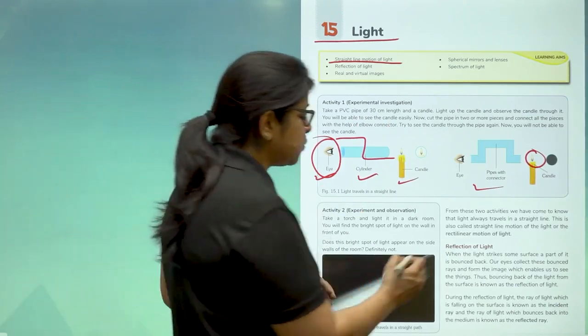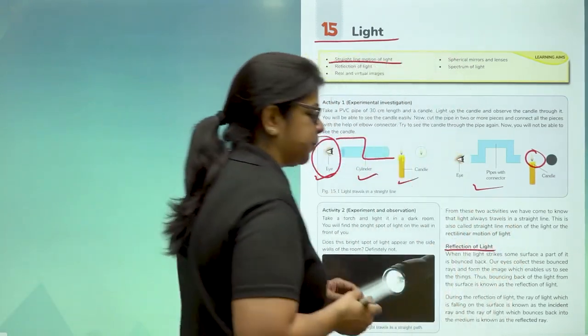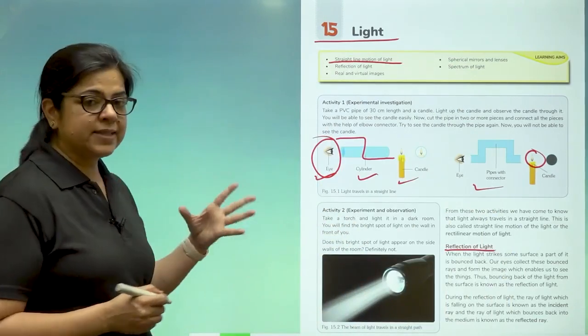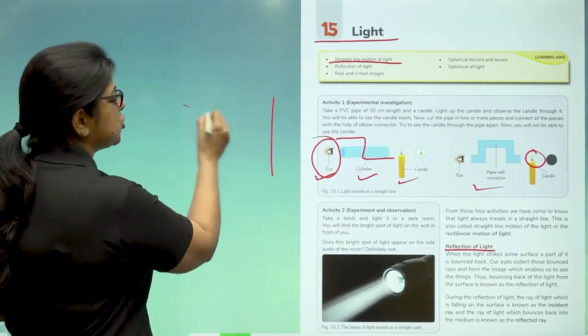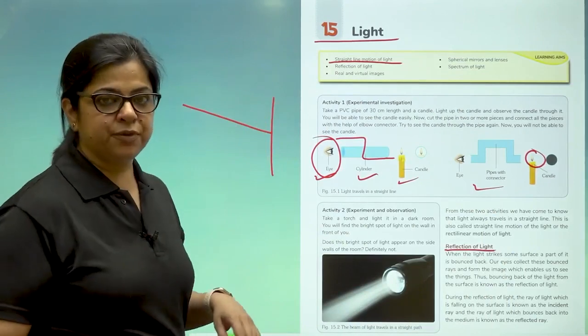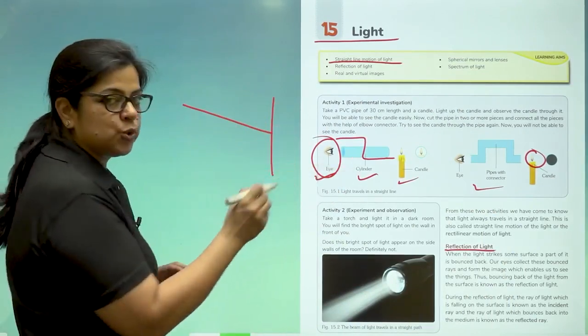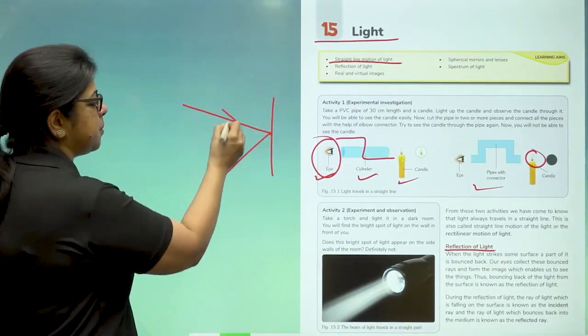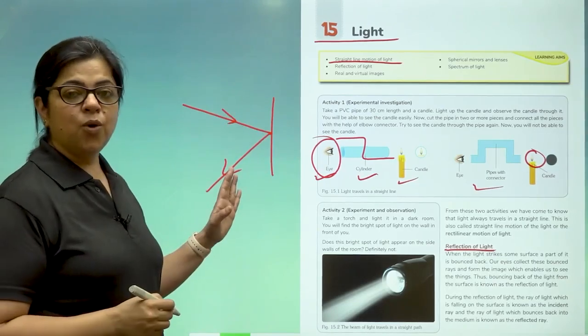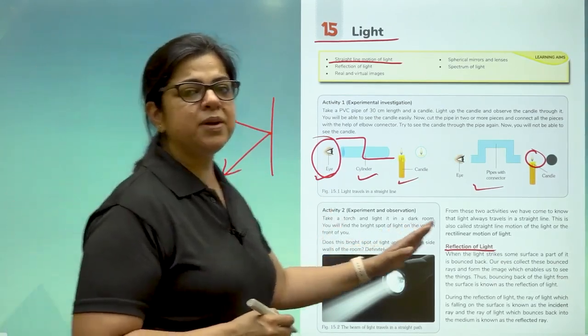Now let us understand what is reflection of light. So basically, when light strikes an opaque surface, it cannot pass through, it is reflected back. How? Let us understand with a simple experiment.